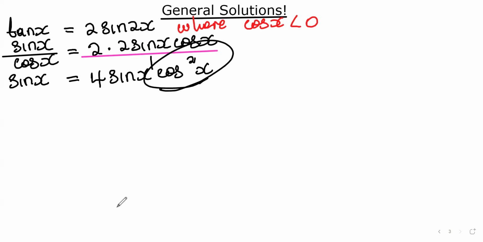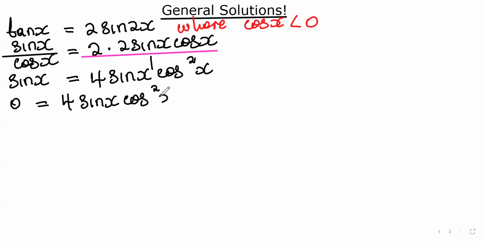Okay, so since this one has a square, it makes sense for us to respect it and keep it on the right-hand side. Then we take the sine of x to the right, it becomes negative. And we see that sine is the highest common factor.